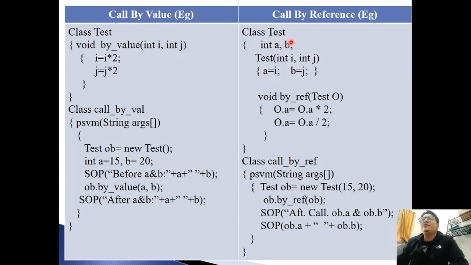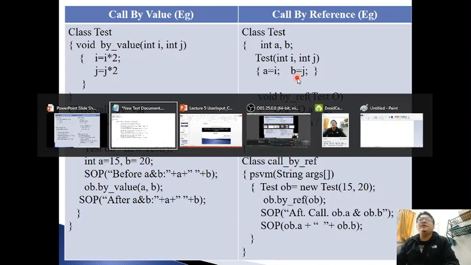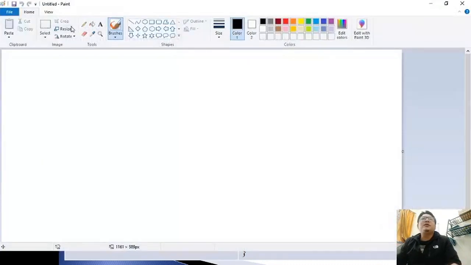So a will take 15 and b will take 20, right? Then after that you have invoked the call by reference method. Whenever you create the object Test ob equals new Test(15, 20), control goes to the constructor, and a and b get initialized with 15 and 20 respectively. I'll just show you how it looks.